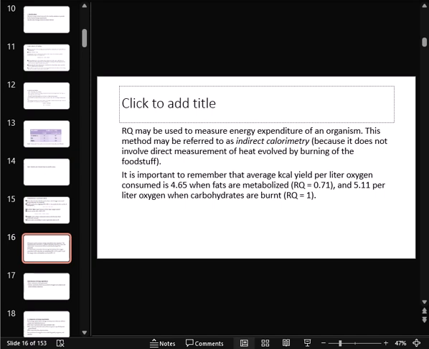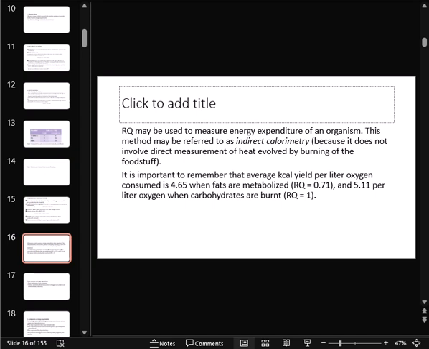And then for carbohydrates, the kilocalorie yielded per 1 liter of oxygen is 5.11, and the RQ is going to be 1. Here we can evaluate that since the difference is small, it may be neglected, and an average of 4.825 is sometimes used.